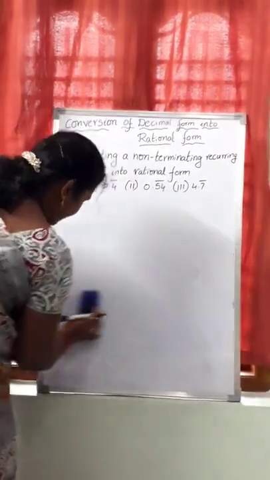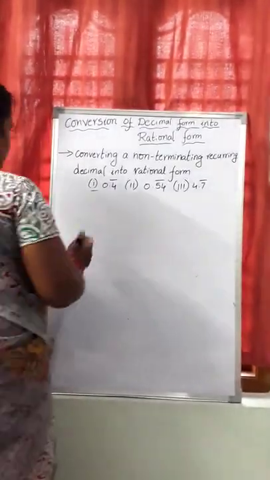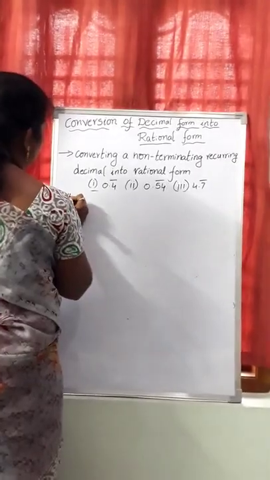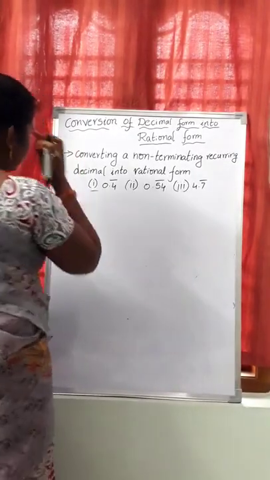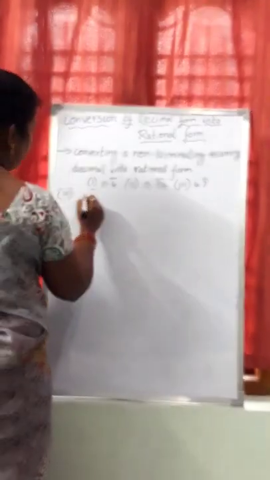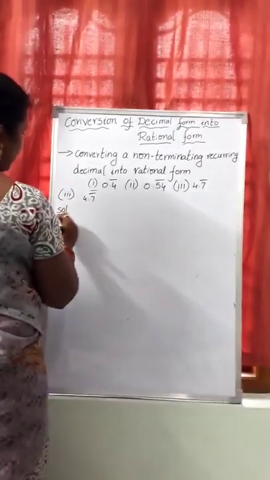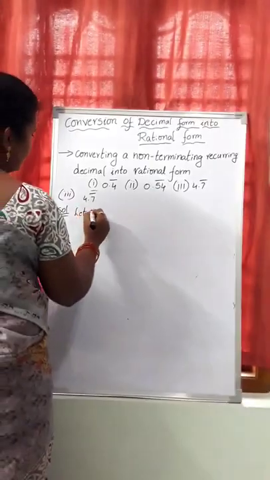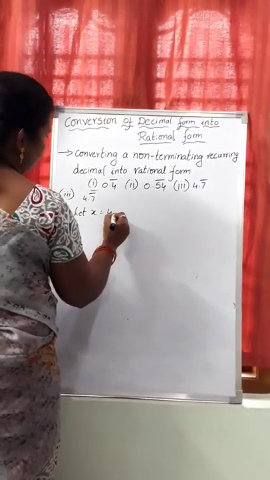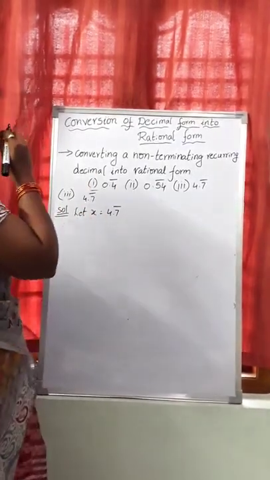Now see the third example. Here we are having 4.7 bar. Now let us take this is also x. x is equal to 4.7 bar.